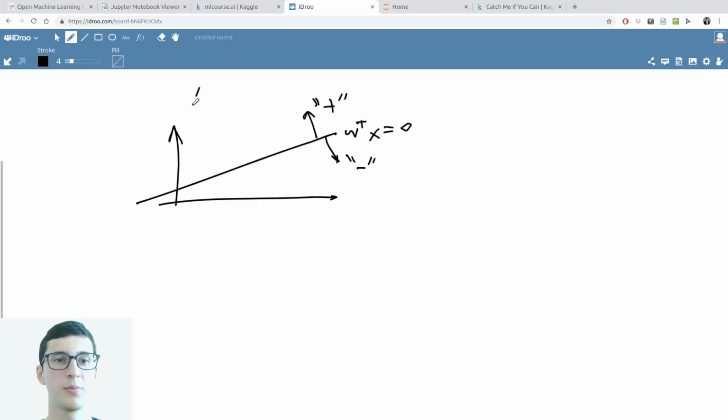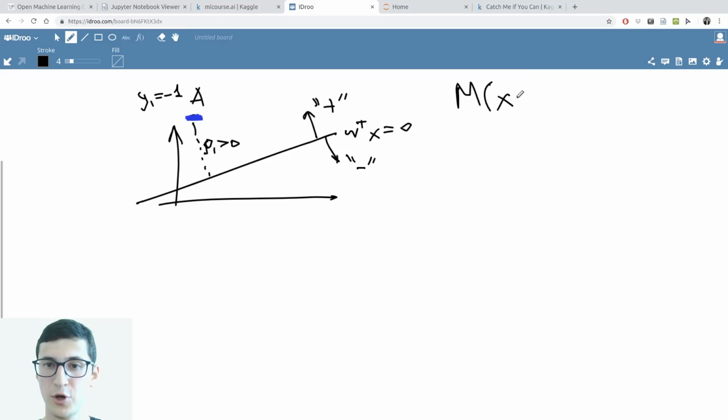And the first point, A, let's say that it's negative. So let's draw it as a minus, and its label y1 equals -1. But the distance to the hyperplane is positive. This rho 1 is positive. And a margin is an expression yi multiplied by w transposed xi. So for this object, this margin is going to be negative.